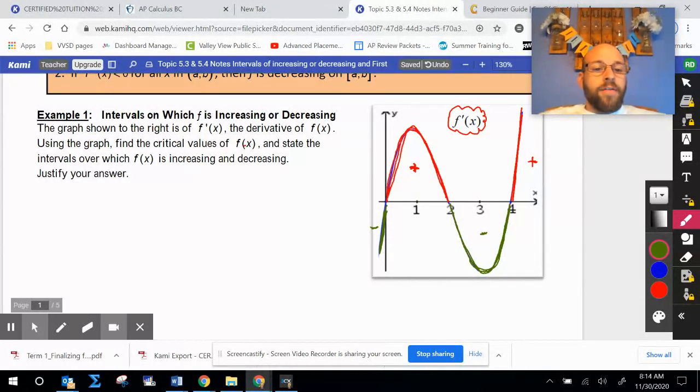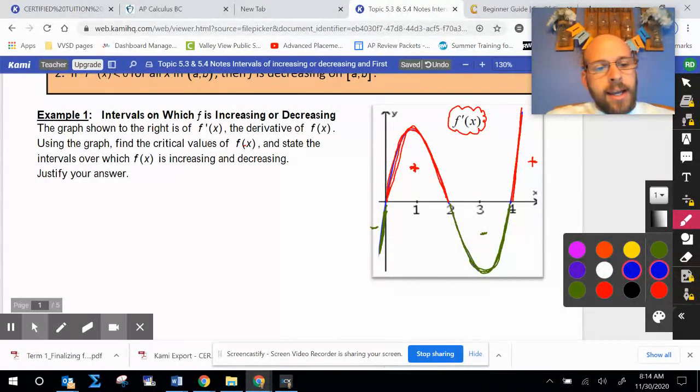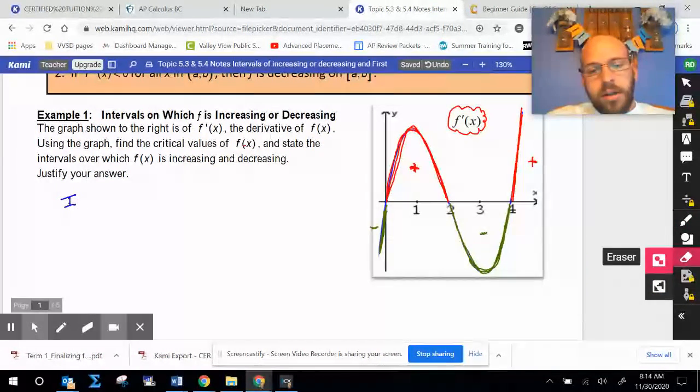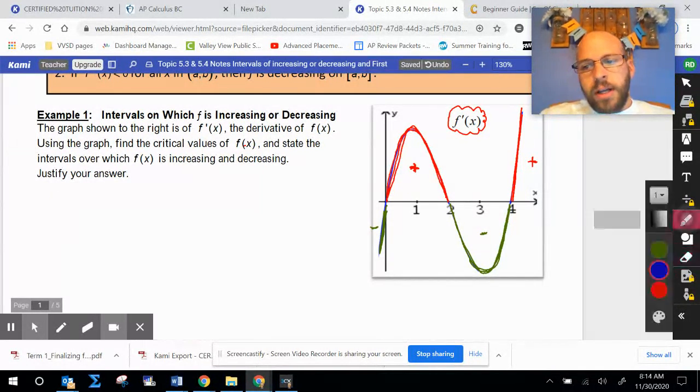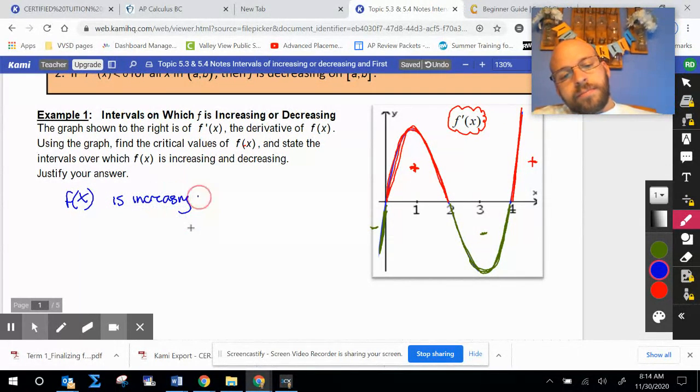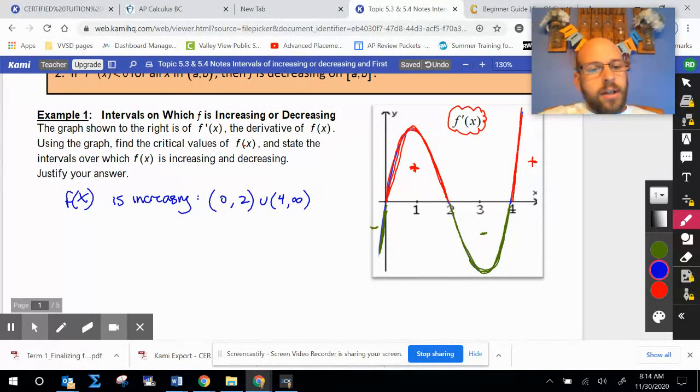So based off of this information, I can say that f of x, and actually I'm going to be very specific here with my writing. f of x, the original function, is increasing from 0 to 2 and from 4 to infinity.